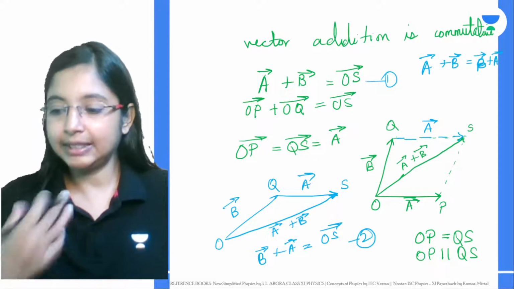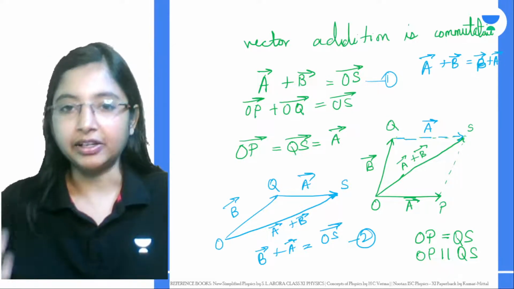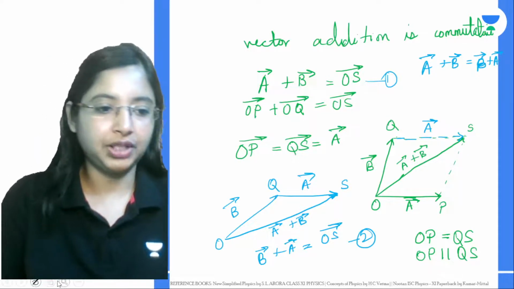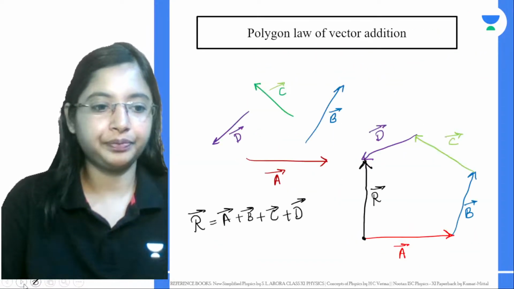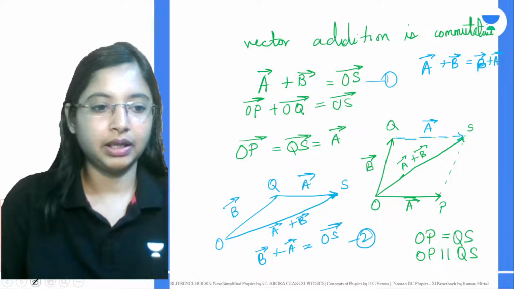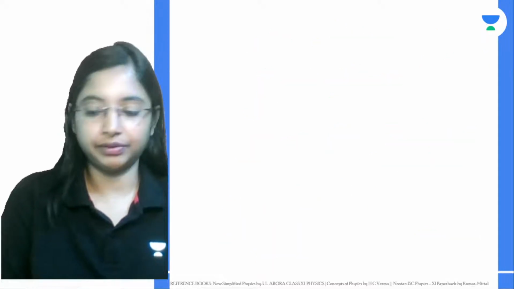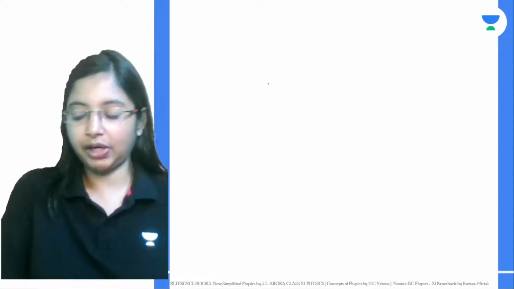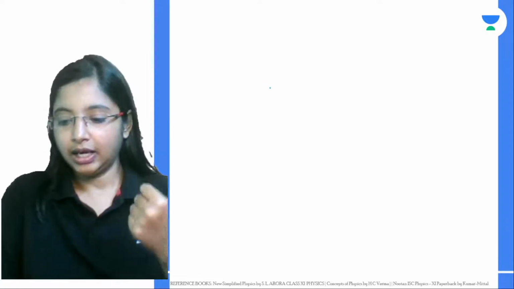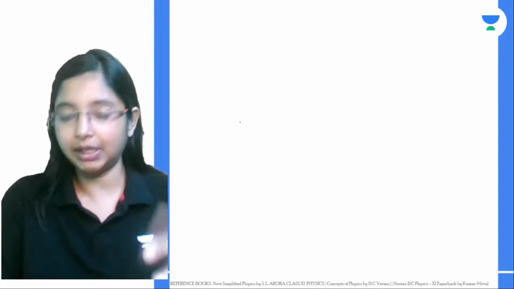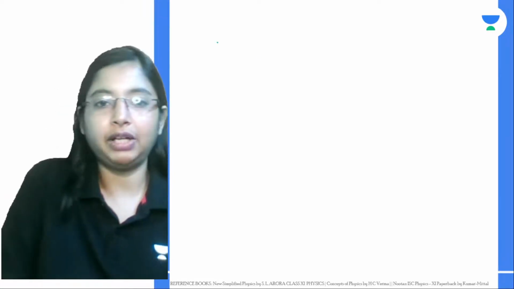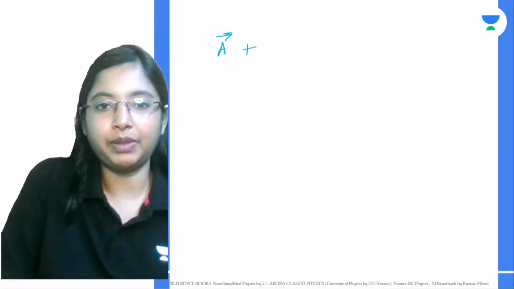Similarly, vector addition is also associative, meaning if you are adding multiple vectors, let's say 3 vectors, then you can say A vector plus B vector.